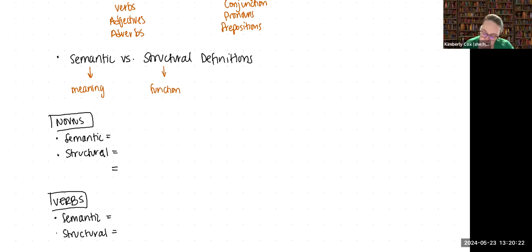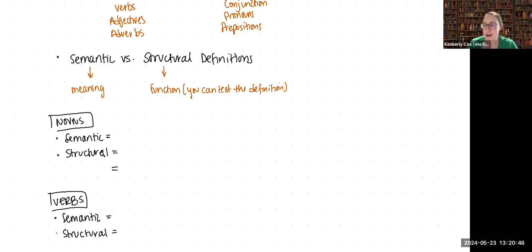Another way of thinking about this is that you can test the definition. Instead of just describing the type of word, it gives you a clear way to test and see whether or not the word functions as it should in order to belong to that word class.